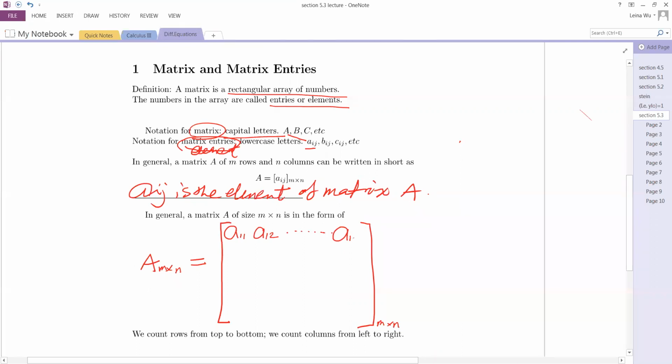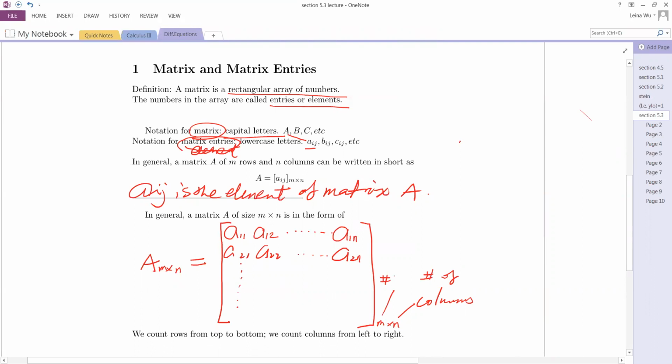I'm waiting for you guys. a_{1,} what? n, because there are n columns, the number of columns. Second row, same: a_{2,1}, a_{2,2}, up to a_{2,n}, and then keep going until you get to the last row. There are m rows.